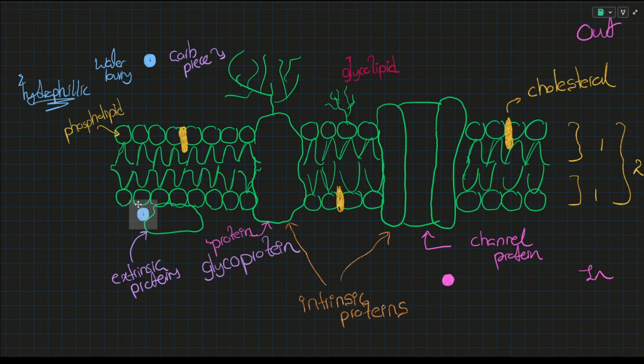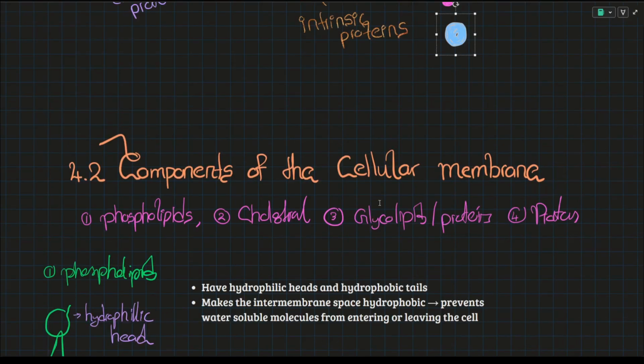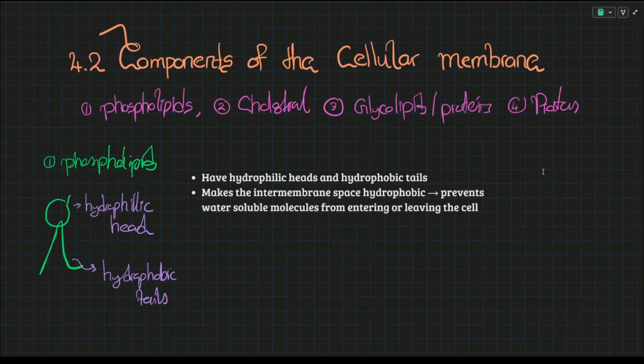It's the opposite. Water insoluble things, meaning hydrophobic things, can cross through without an issue. But if you are water soluble like this guy here, you're going to have to take the route of a channel protein or a carrier protein or something like that. Sad news. So water soluble molecules cannot just enter or leave the cell.